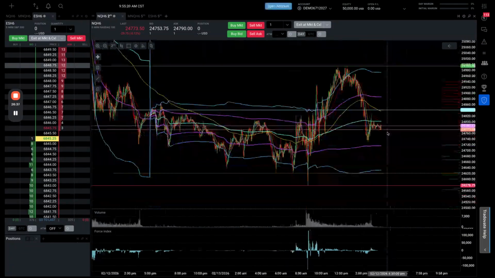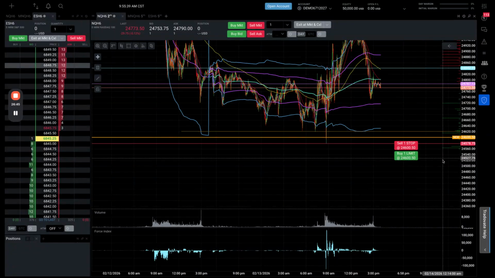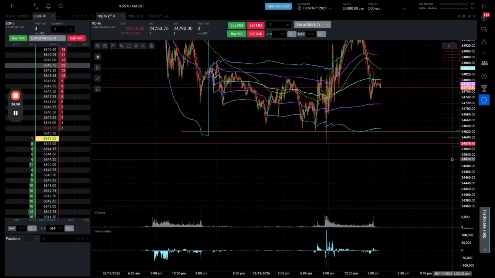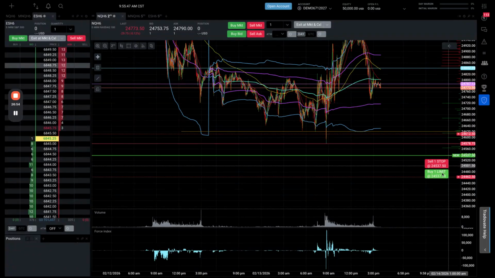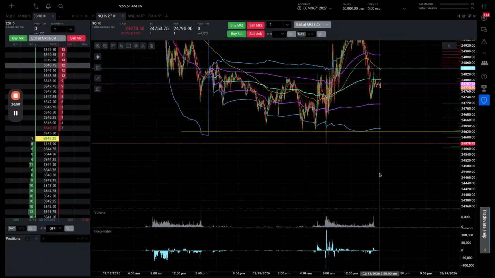However, it's possible too that we could just keep flushing. So if you were going to do a buy, I always like to go a little bit lower than these, around the 40, and you can get a good little pop.